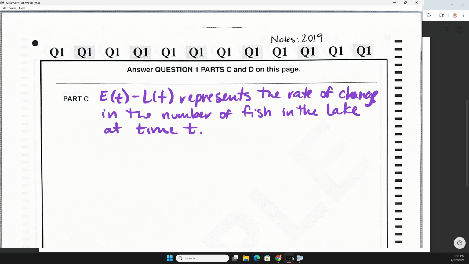And what we want to know is when that number of fish is the maximum, is the largest.